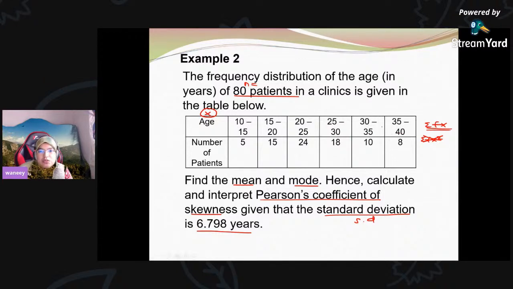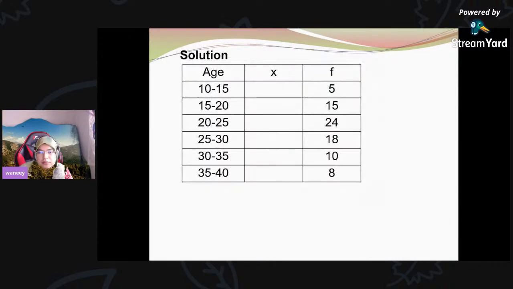Do make sure to have the midpoints. So these are 12.5, 17.5, 22.5, 27.5, 32.5, and 37.5.